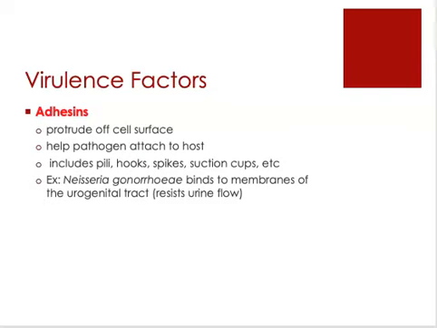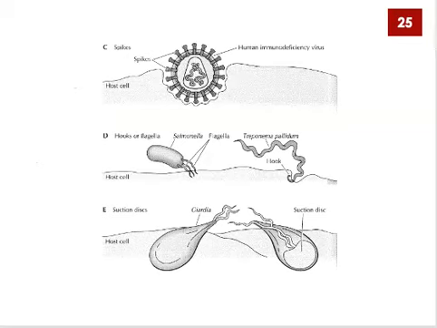And as you can imagine, it's difficult for a bacterial cell to stay in the urogenital tract because it tends to be flushed out with the urine. So it actually has adhesins that come off of the surface of the cell that help it bind to the epithelial membranes inside that tract. And it allows the organism to stay put and multiply and cause disease.